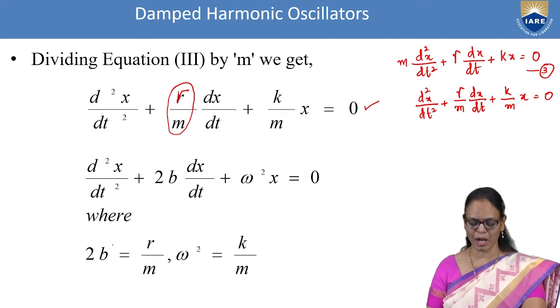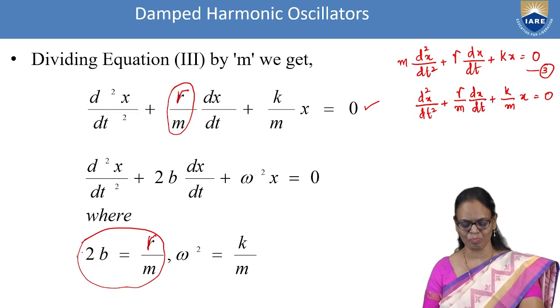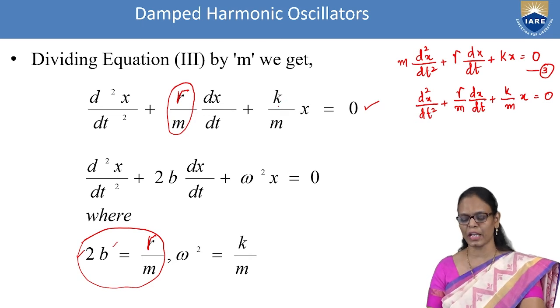So instead of having two constants, we are going to substitute for gamma by m. So let gamma by m be equal to 2b. Instead of having two constants, we are writing one constant, 2 into b. And we know that k by m is omega square, the square of the angular frequency.